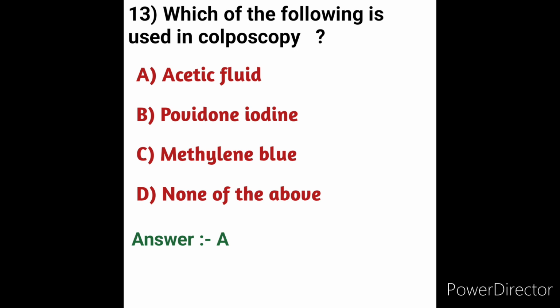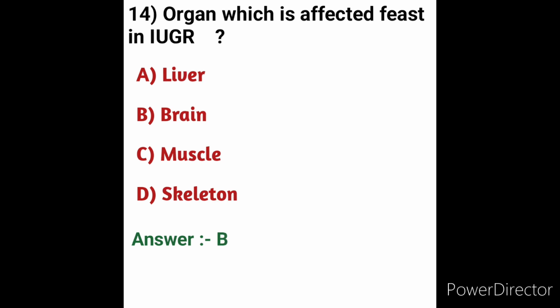In colposcopy, acetic acid is used. Option A is the correct answer here. In colposcopy, acetic acid is used to look closer at the cervix to identify any cervical cancers and abnormal cells in the cervix. Next, move on to question number 14.